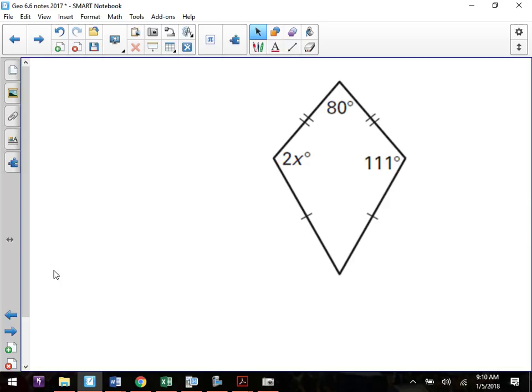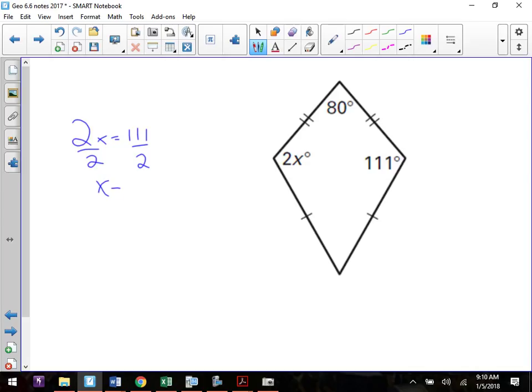That 2x and the 111 are the angles that are between the two different sides that are congruent, which means they have to be equal. What's that angle equal?